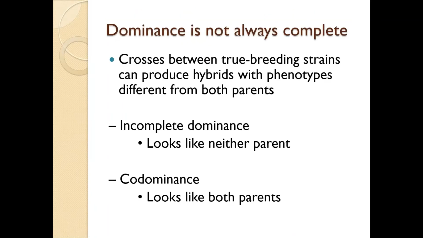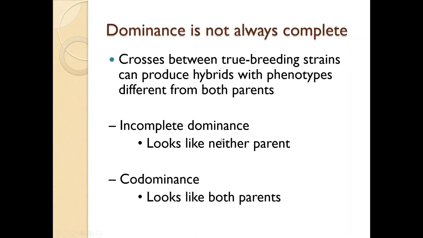So now we will look into some cases where dominance is not always complete. In some cases, crosses between true breeding strains can produce hybrids with phenotypes different from both parents. Two such cases are incomplete dominance and codominance.